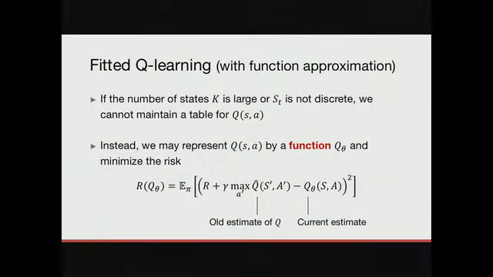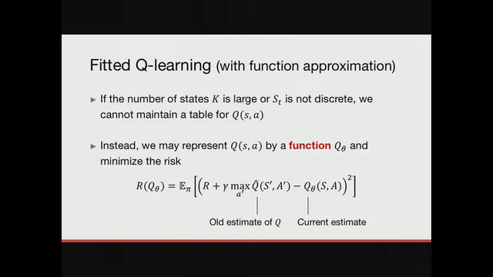So by minimizing this quantity, I will find something that approximately satisfies the Bellman equality that we talked about before. This is the idea of fitted Q-learning, where you substitute the tabular representation with a function approximation, essentially.